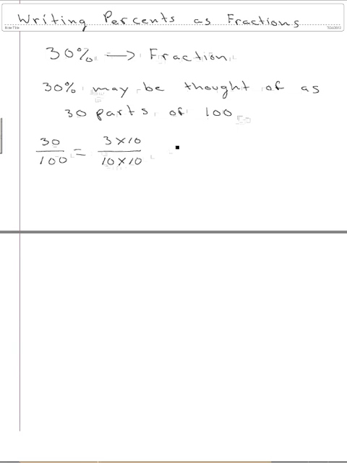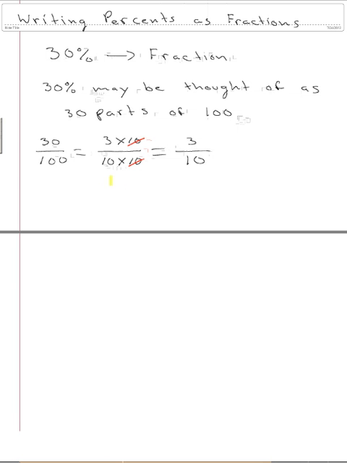And now, since they have this common factor of 10, I can cancel out the common factor. And when I do so, I'm left with just 3 over 10. So 30%, when written as a fraction, is 3/10.